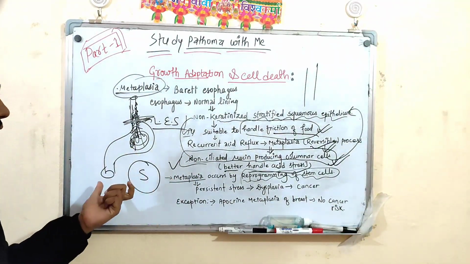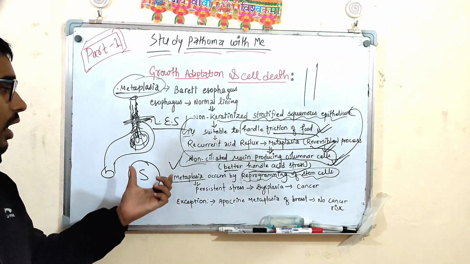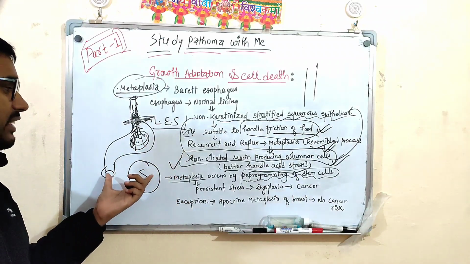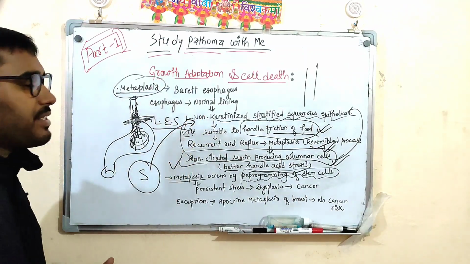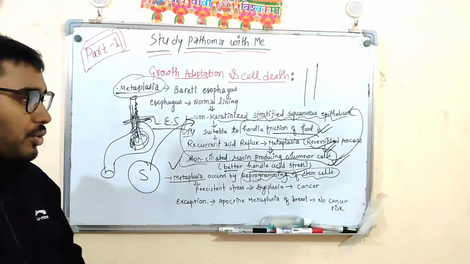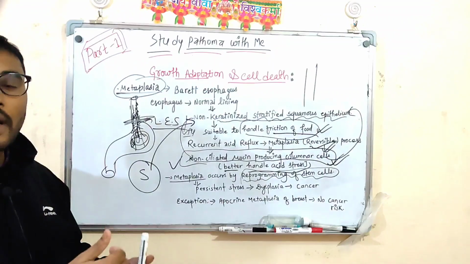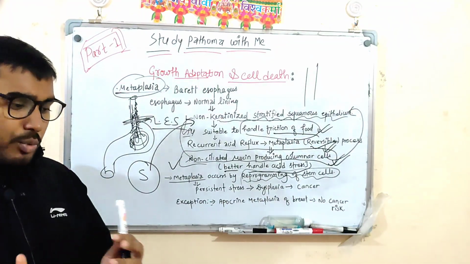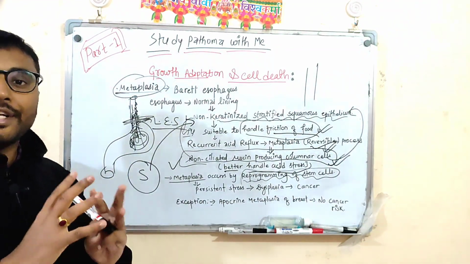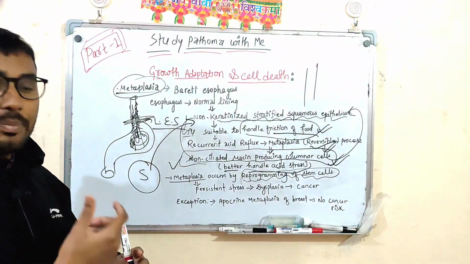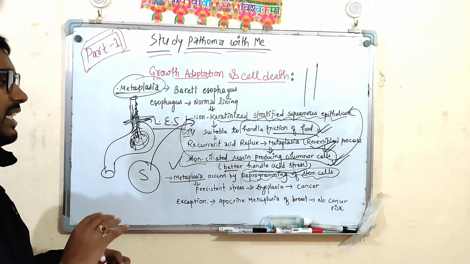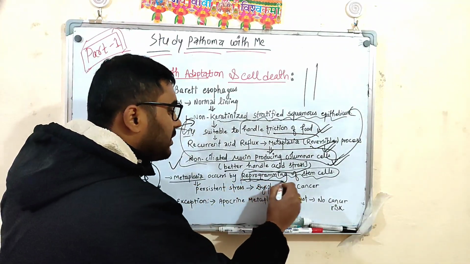Suppose this stem cell was programmed to form the non-keratinized stratified squamous epithelium, but if you give repeated stress, there will be mutation or alteration in the DNA transcription, due to which there will be change in the DNA expression, and due to that there is a reprogramming of the stem cells.